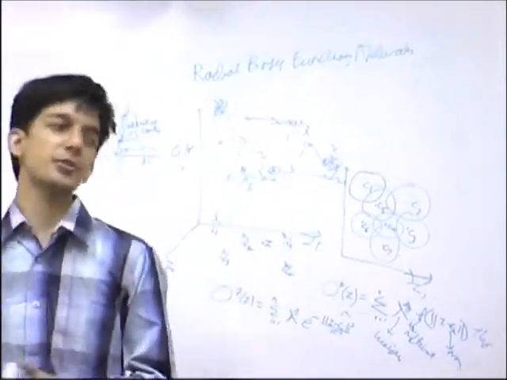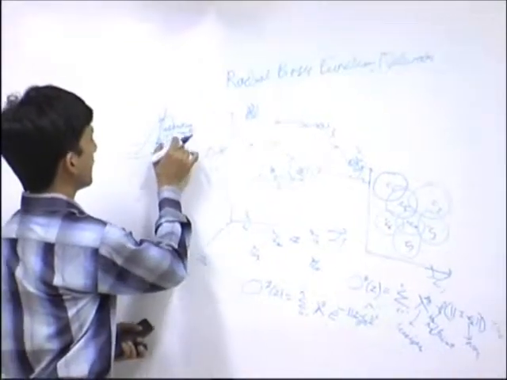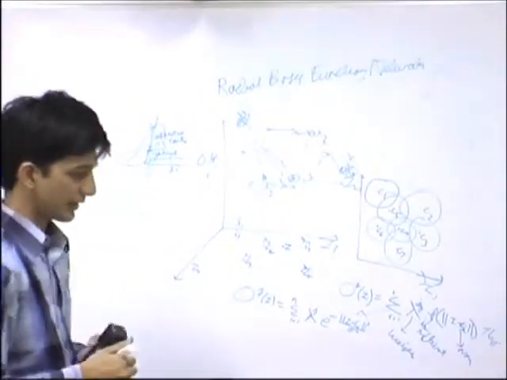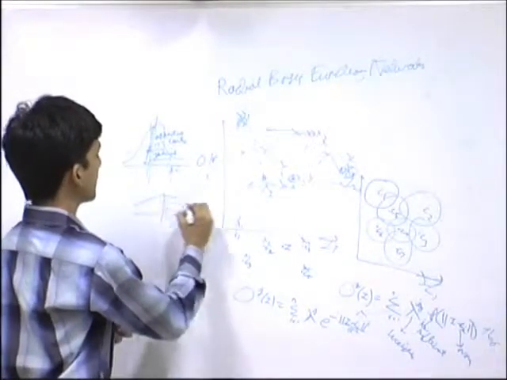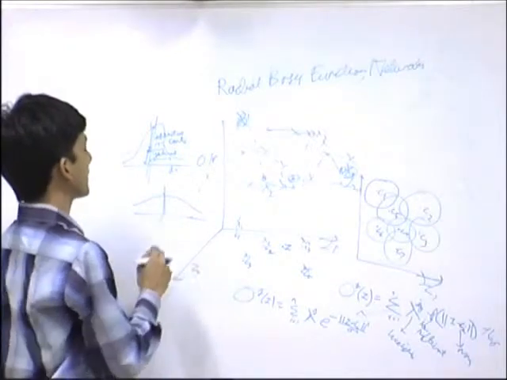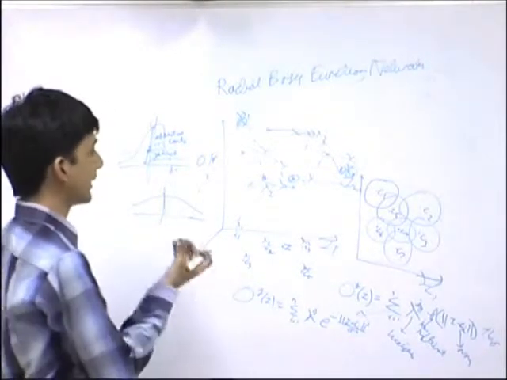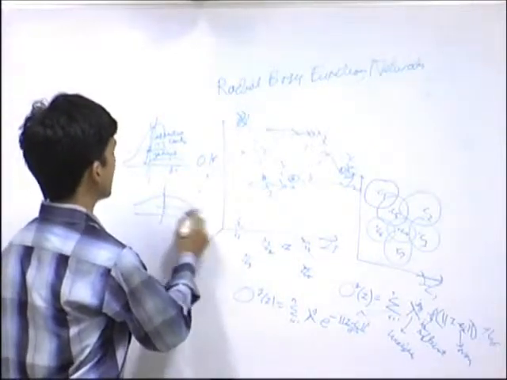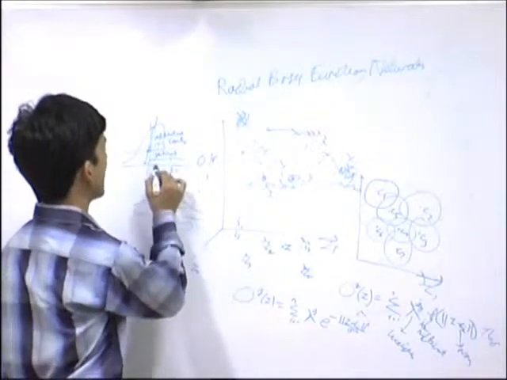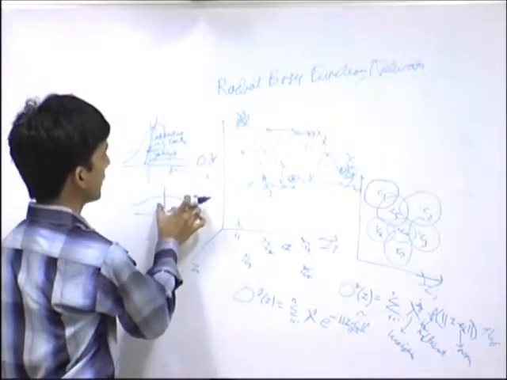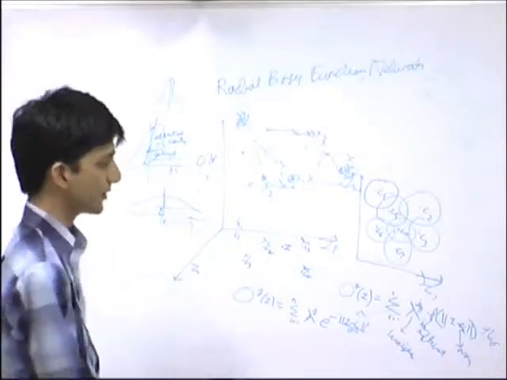If I introduce the term spread over here, it means that if I increase the spread, my Gaussian curve, or my activation function, will be something like this. That means if I keep the same threshold level, the distance to which the neurons will be activated will be even larger, and if I reduce the spread, the activation distance will be very small.